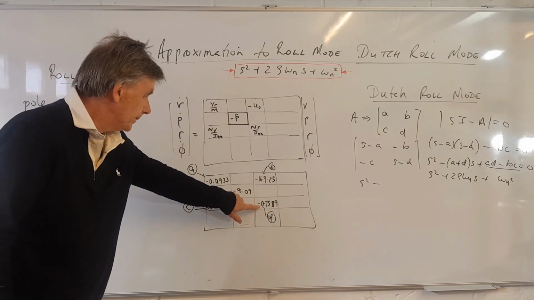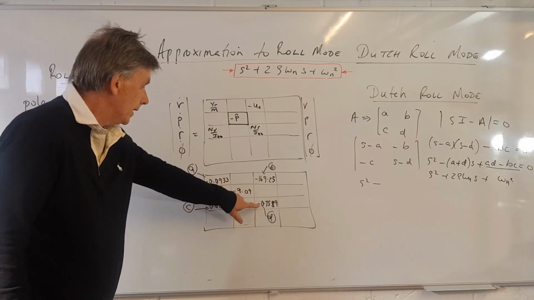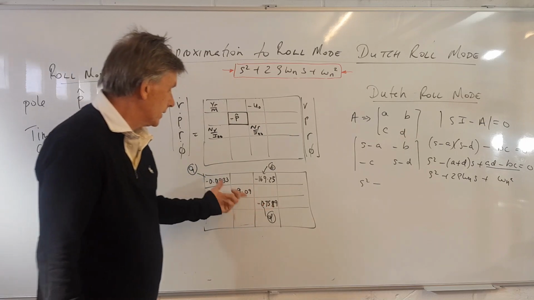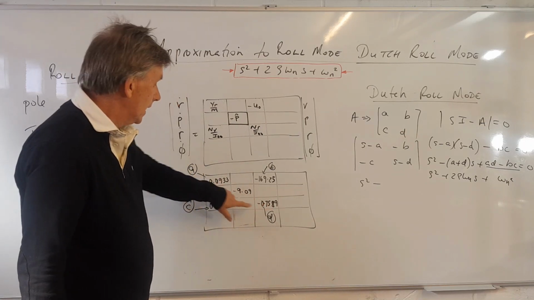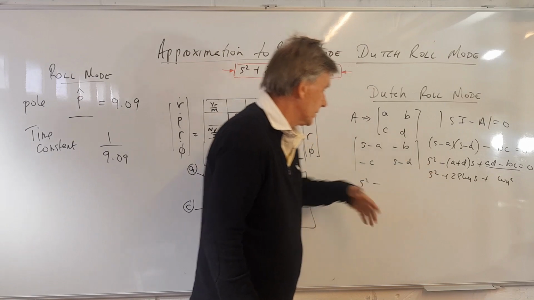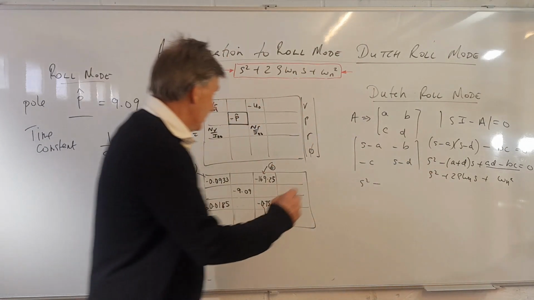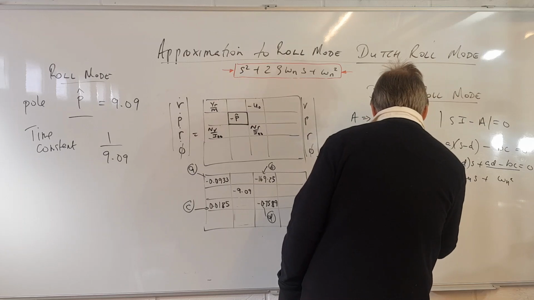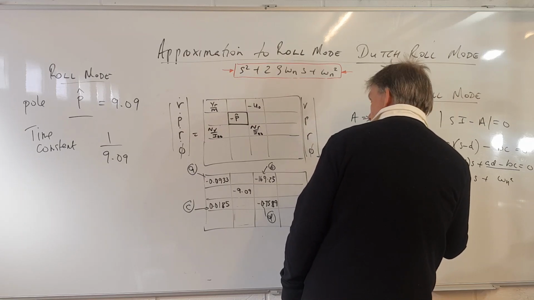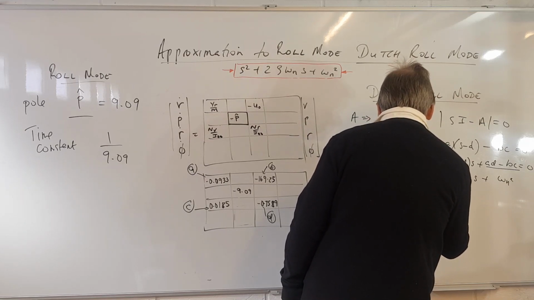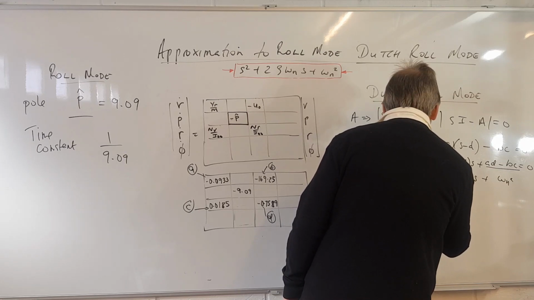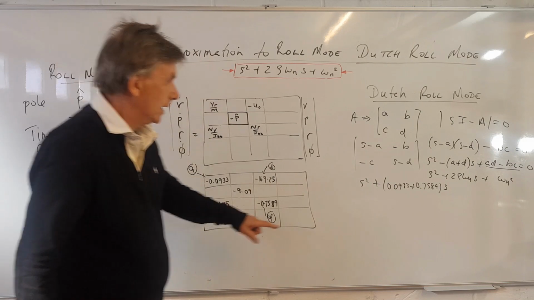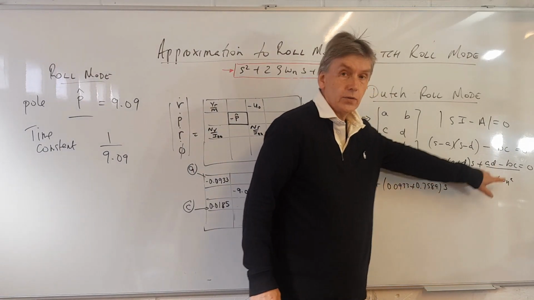It's 0.0933 plus, well, there are 3 minuses here, so we've got a minus and a minus and a minus, so it's going to be a plus. So it's plus 0.0933 plus 0.7589 times S.